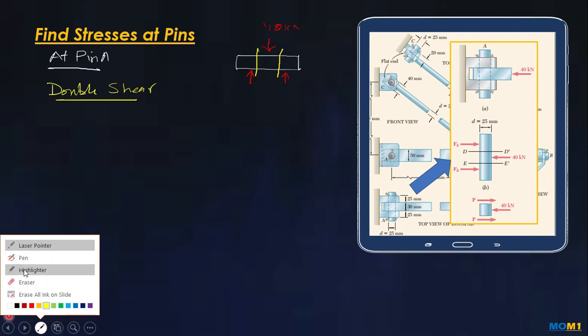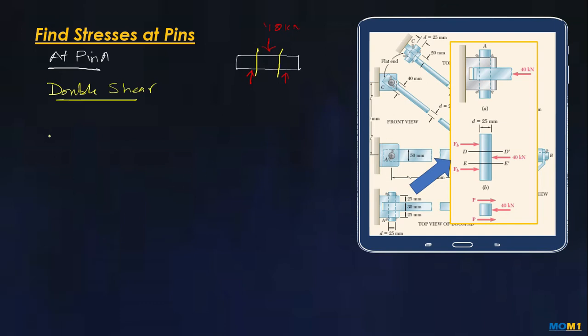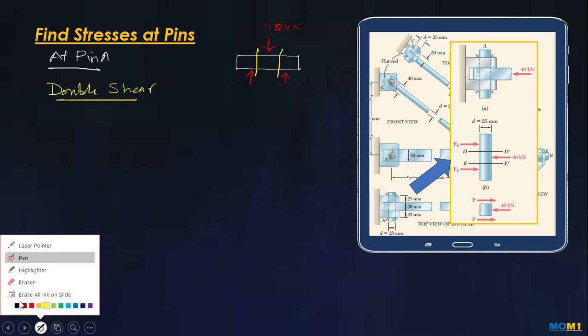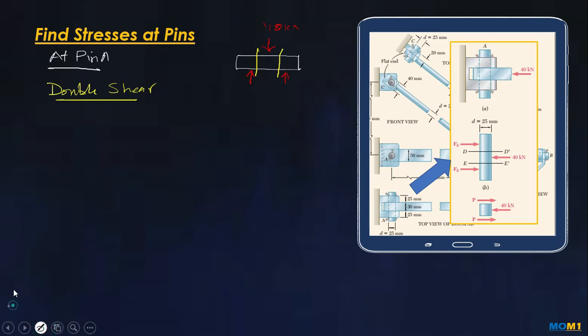Now we can calculate the shear by using the same expression, tau at A, force upon the area.